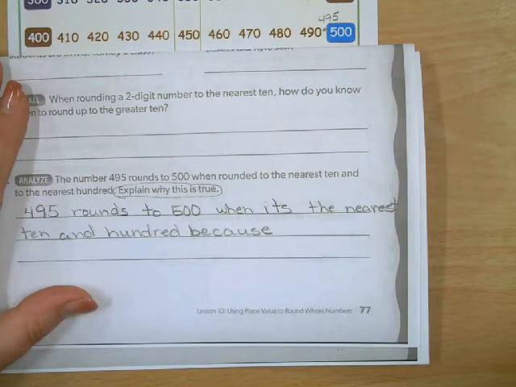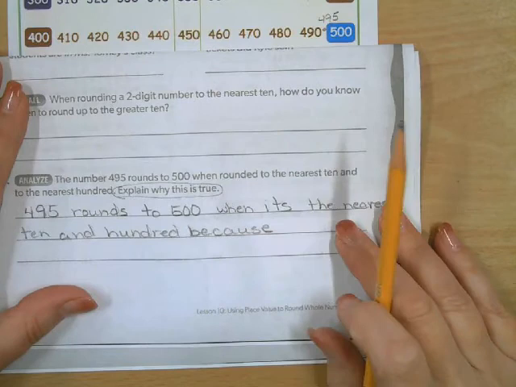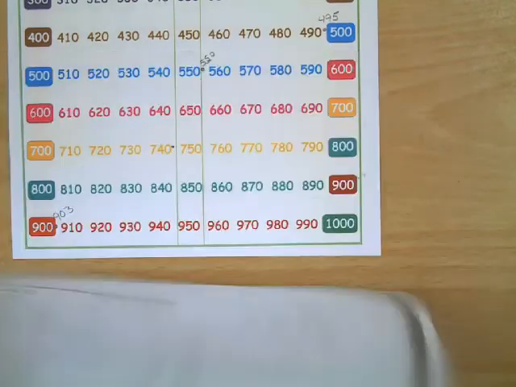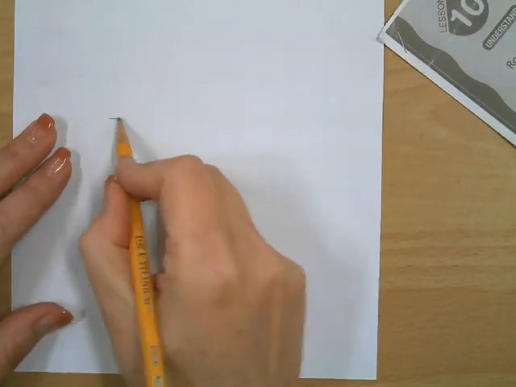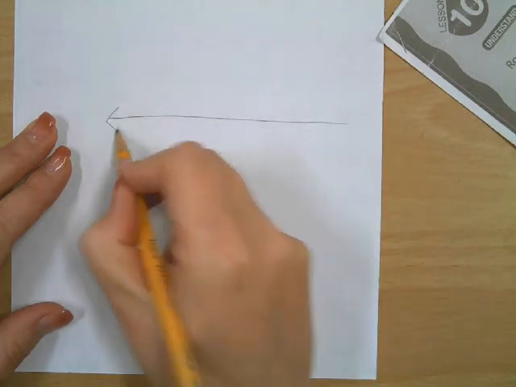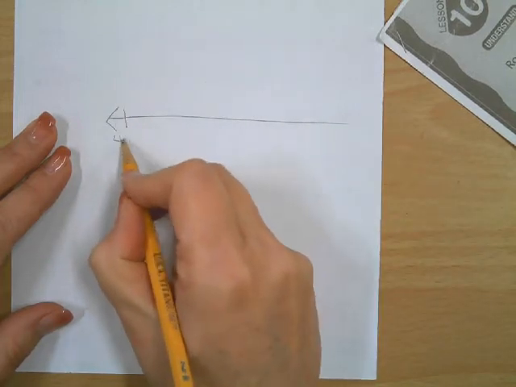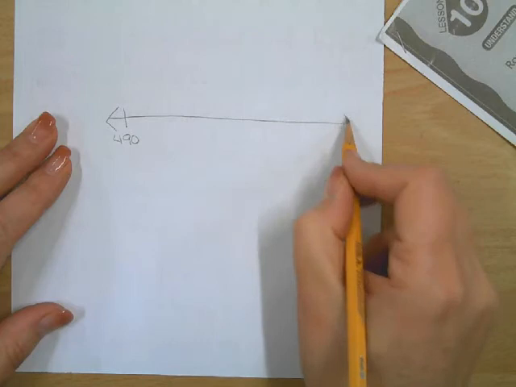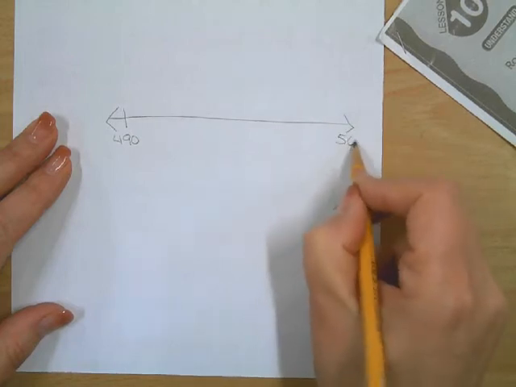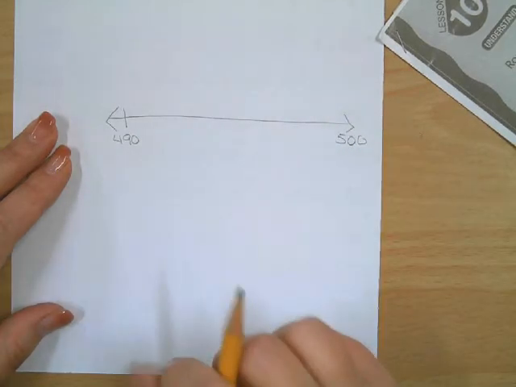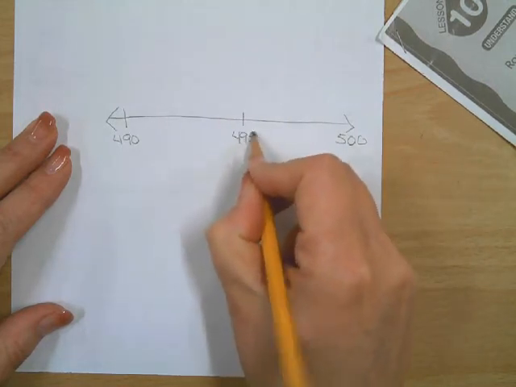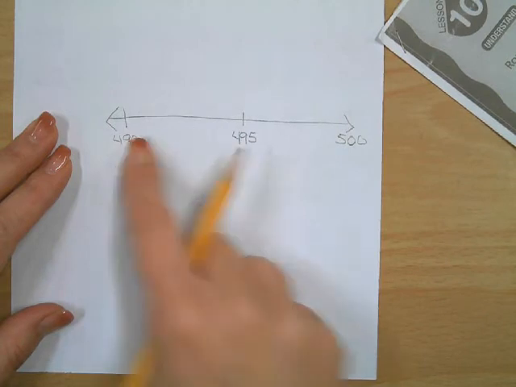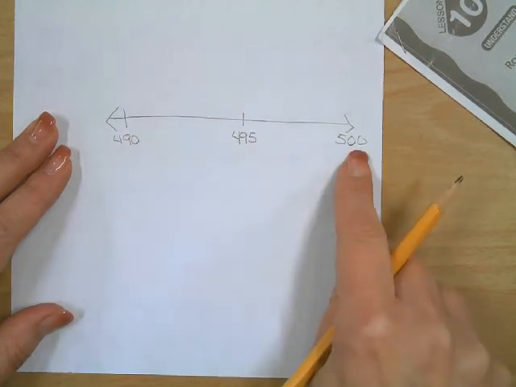Okay, I want to help you out a little bit. So let's think about this. If I were to zoom in on this area, 490 and 500, I know 495 is right in the middle because it's 5 from 490 and it's 5 from 500.